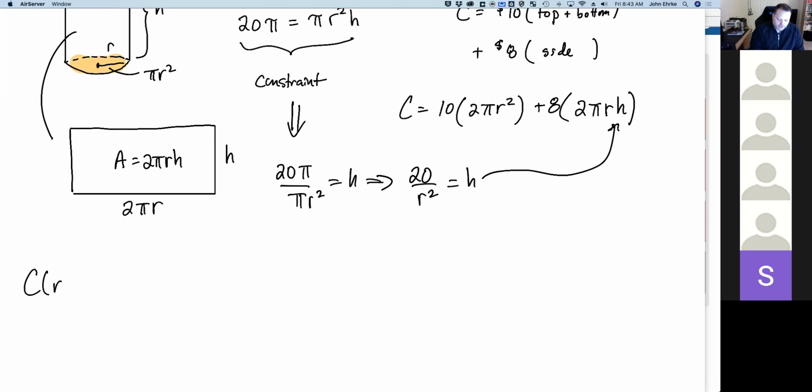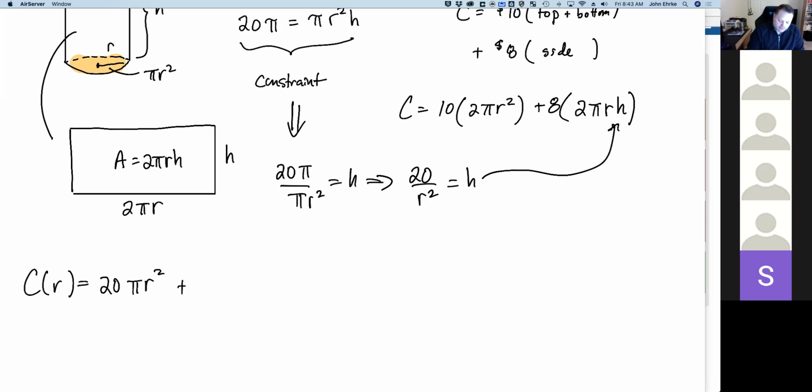So my cost function as a function of just r is 10 times 2, which is 20 pi r squared, plus 8 times 2 is 16, times 20 is 320. So this will be 320 pi over r once all that's multiplied through. Because you've got, well, let me do it in steps.